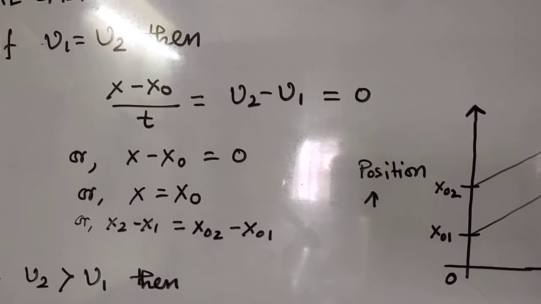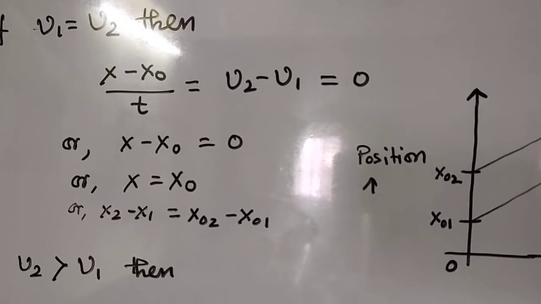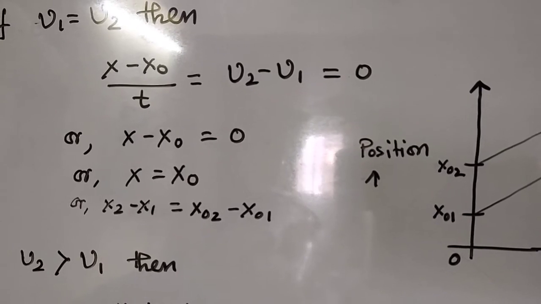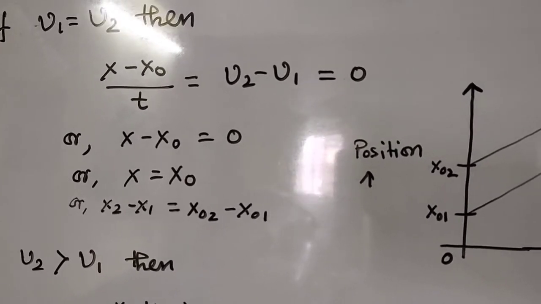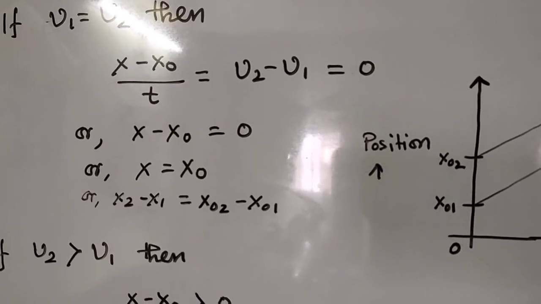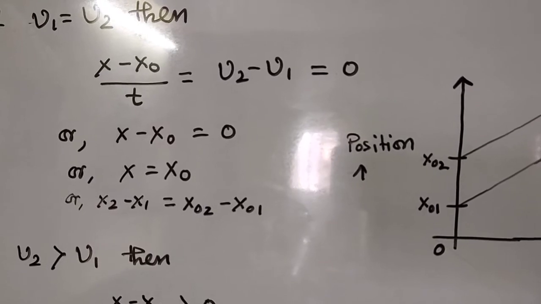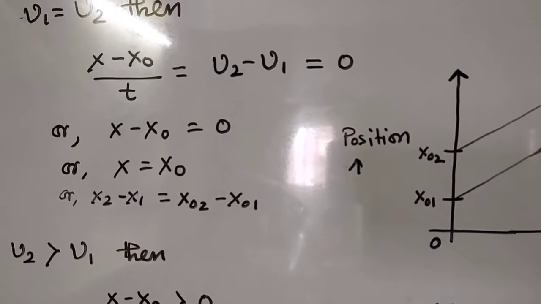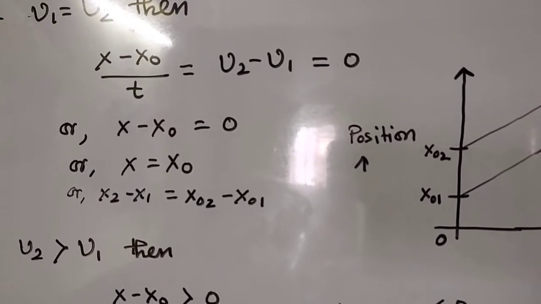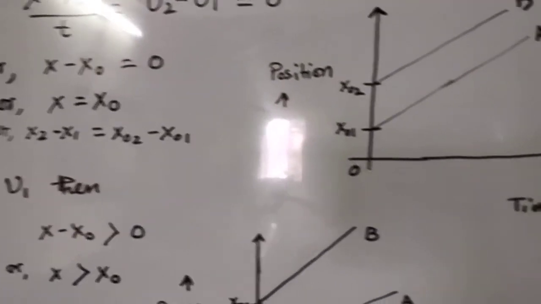It means x equal to x0. This means the separation remains the same. Whatever the separation between A and B at t equal to 0, the same separation is maintained at time t. Here both velocities v1 and v2 are identical.